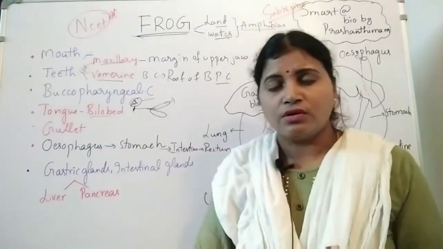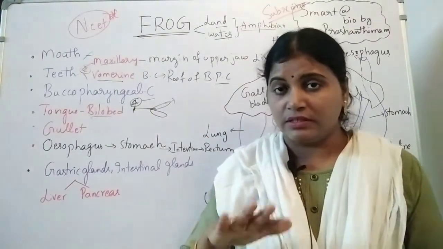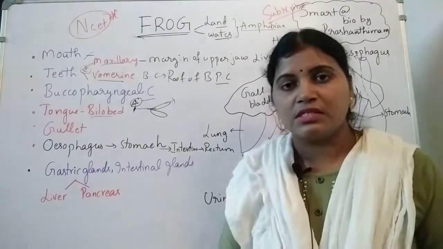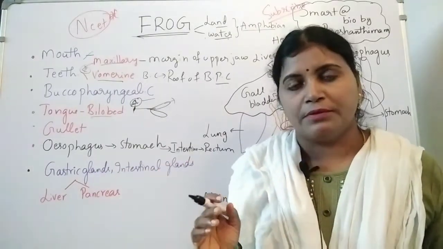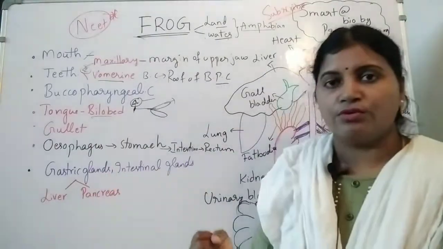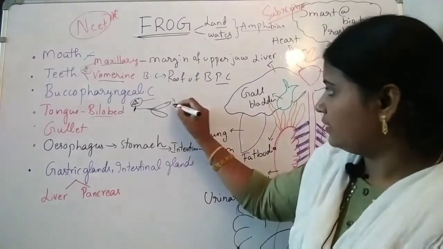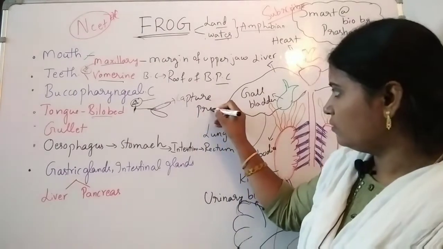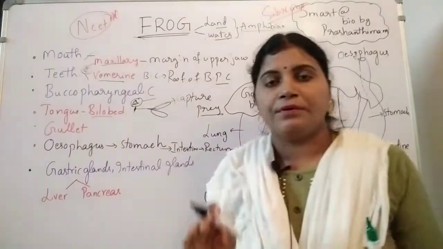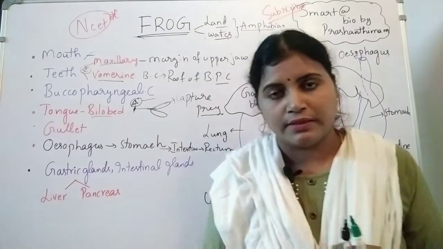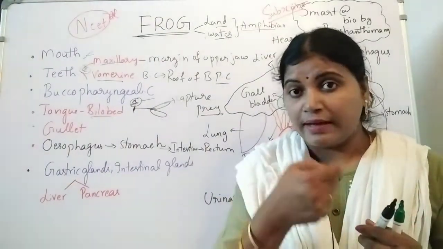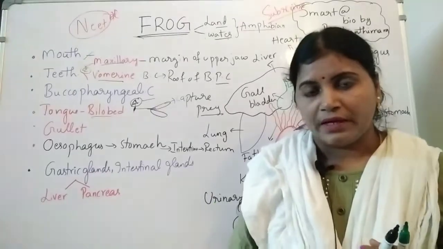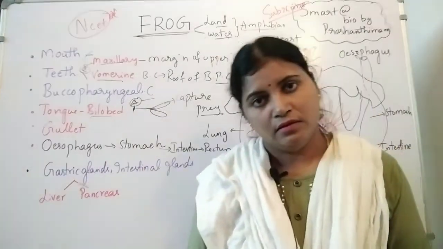It does not have a normal plain tongue like ours. This variation is because of its nutrition purpose, how it captures the prey. The tongue is bilobed for capturing prey. Through the narrow slit of the mouth it comes out, catches the prey and engulfs it inside the body.